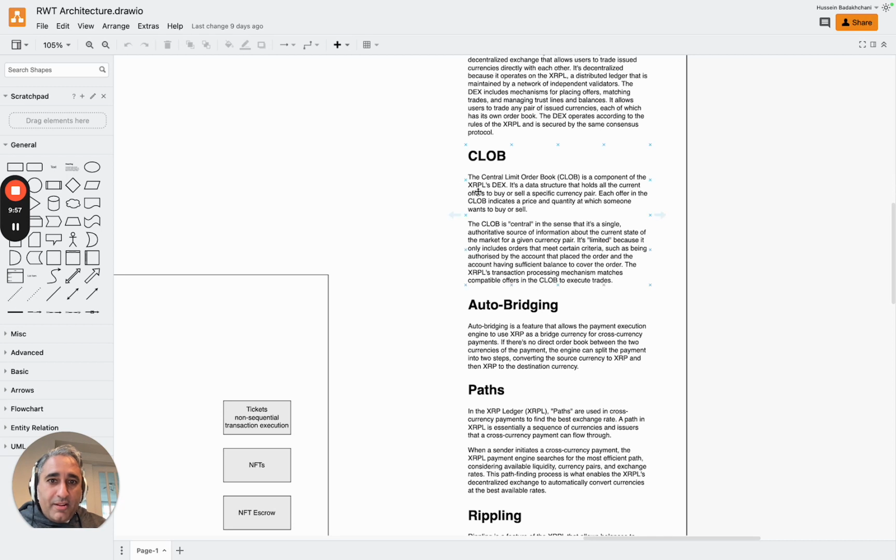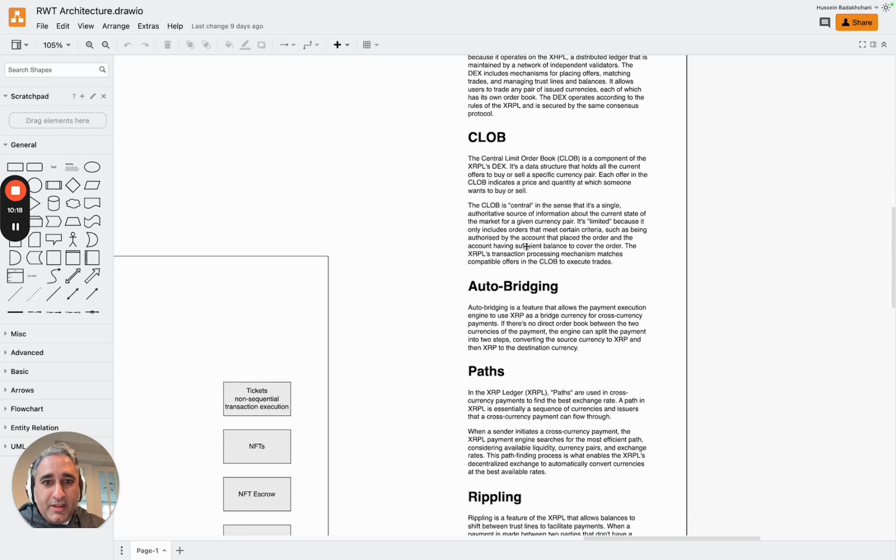And then there's a central limit order book. The CLOB is a component of the XRPL's DEX. It's a data structure that holds all the current offers to buy or sell specific currency pairs. Each offer in the CLOB indicates a price and a quantity at which someone wants to buy or sell. The CLOB is central in the sense that it's a single authoritative source of information about the current state of the market for a given currency pair.